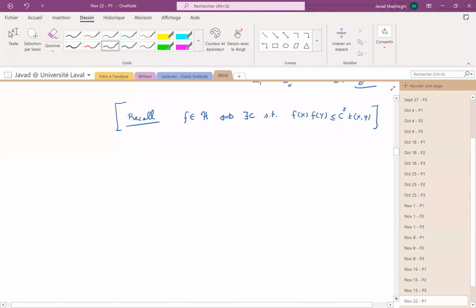Another fact is that if you have 0 less than or equal to matrices A1 less than or equal to A2, and also matrices B1 less than or equal to B2, in the partial relation that we defined before, where A1 less than A2 means that the difference is a positive matrix, A2 minus A1 is positive, and the same for B1 less than or equal to B2, this implies that 0 is less than or equal to A1 Schur product B1, that's the Schur product, less than or equal to A2 Schur product B2.